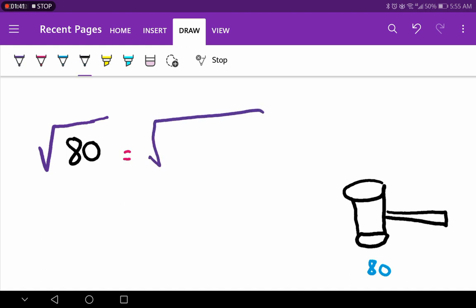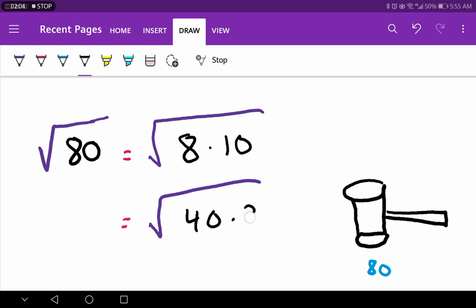Some of you, I know, will do 8 by 10. Are you happy with that? So I give it one hit, and the 80 will be 8 multiplied by 10. Some of you take other factors, for example 40 by 2, because both of them give me 80.